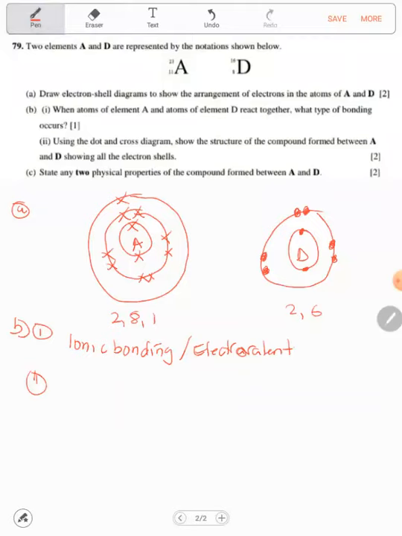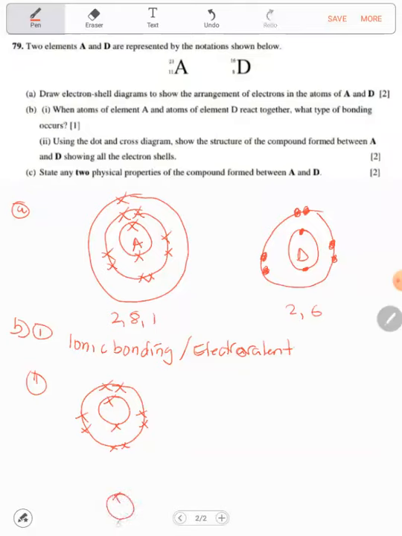So I'll do this. 1, 2. 1, 2, 3, 4, 5, 6, 7, 8. I won't show the last shell because it has already lost an electron.